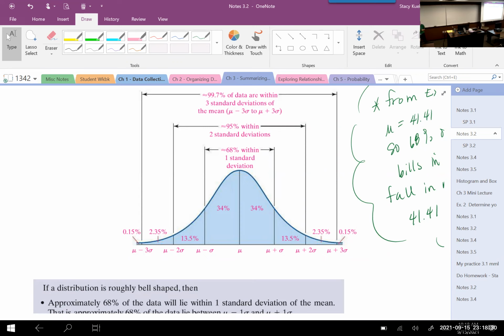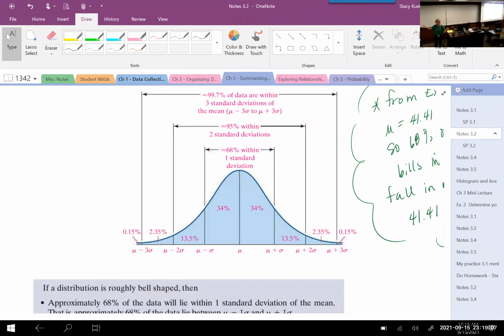So a total of 68% of the data that I've collected would be within one standard deviation of the mean, right? 68% of the data that I'm looking at would be right around the mean. And we look at standard deviation to find out how spread out things are. So in this particular case, within one standard deviation, we have 34 plus 34, or 68% of our data is going to be contained within one standard deviation of the mean.